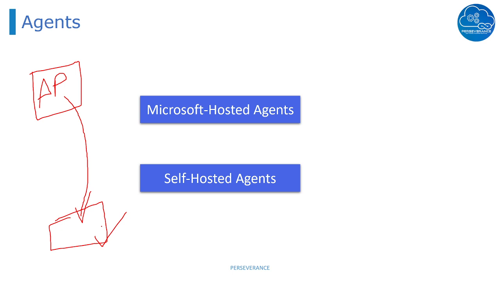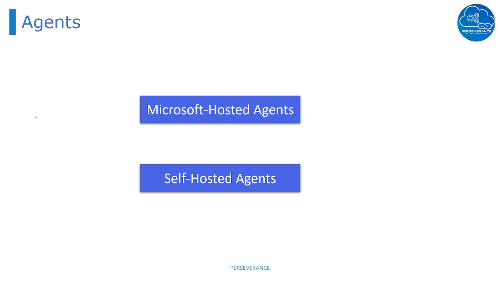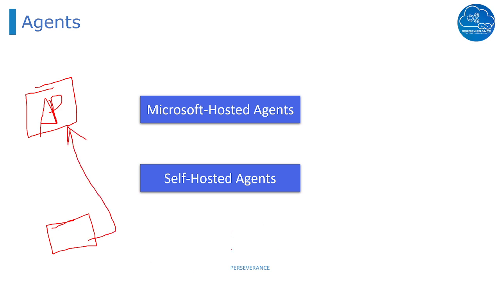For this to happen, Azure Pipelines by default is a ready-made, cloud-based service. So we need to now create a VM, and this VM should be connected to Azure Pipelines. We'll see that now.